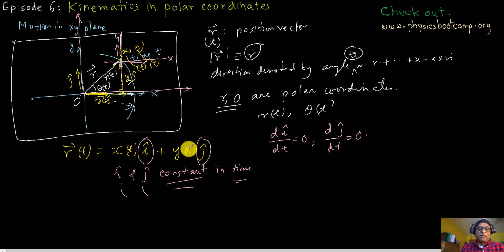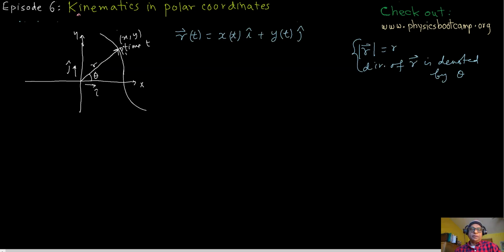And if one would ask what's the velocity at this instant, we'll just take a derivative of that, right? So the velocity vector is dr/dt, that's the velocity at this instant.